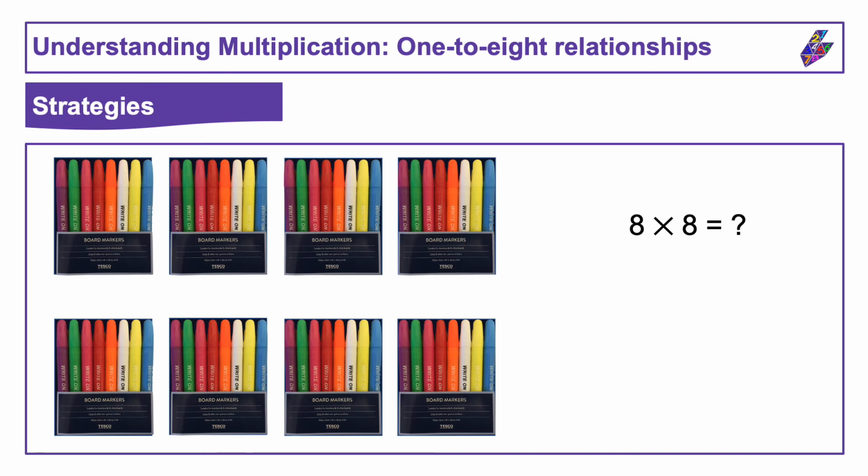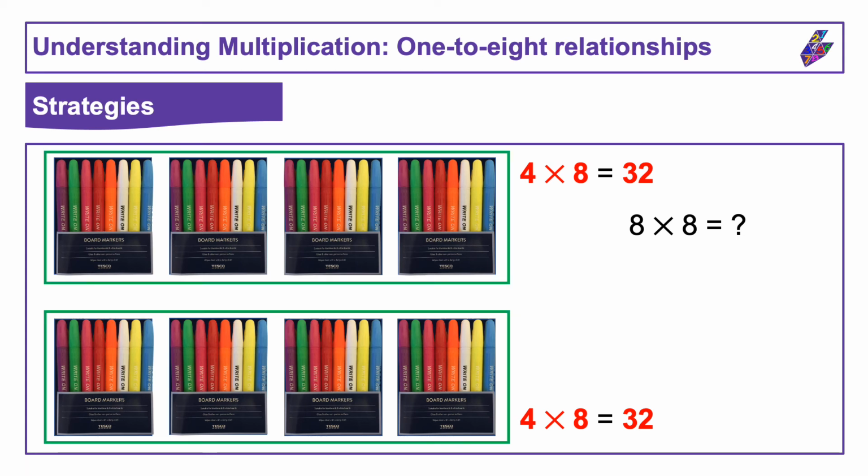We already worked out in the previous example that 4 times 8 equals 32. So 8 times 8 is 4 times 8, which equals 32, and another 4 times 8, which equals 32. Or another way I can describe this is 2 lots of 4 times 8, which I can simplify to 2 times 32.